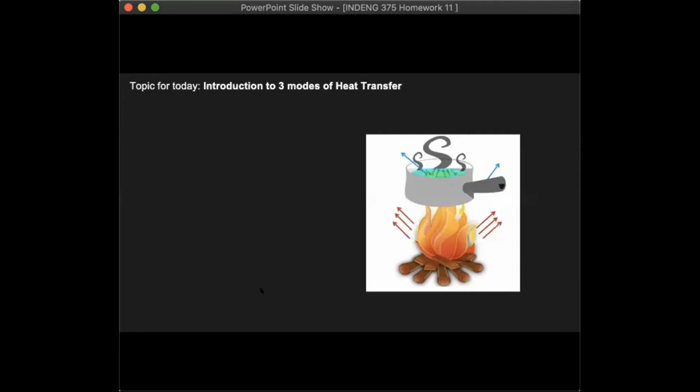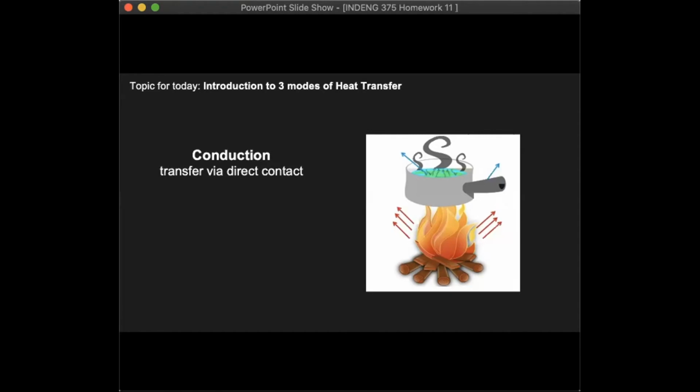Okay, so hi, I'm Clara, and my research is in thermal hydraulics for nuclear reactors. So I basically study how heat moves. I'll give a brief intro into the 3 modes of heat transfer using a diagram. So here's an image that we will keep in mind as I define these modes. It's a pot filled with water over a fire, so nothing special.